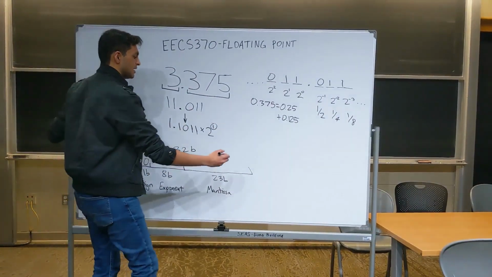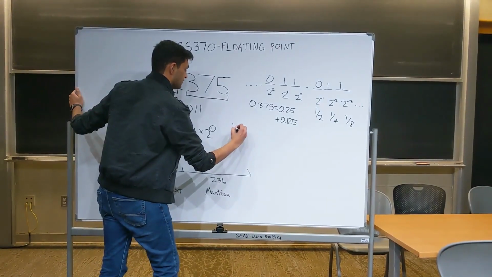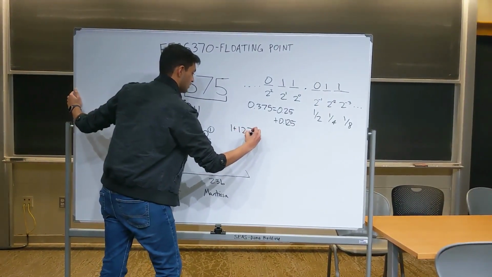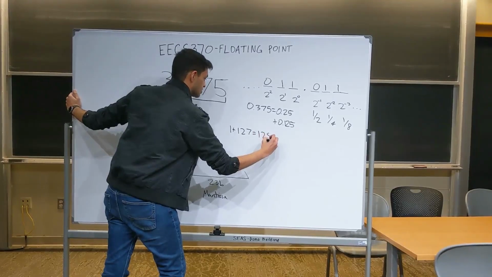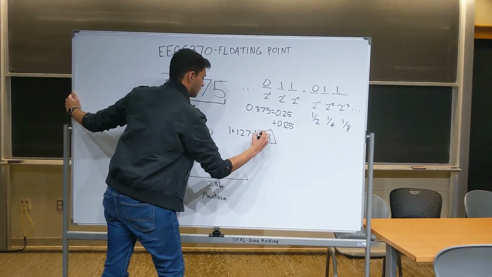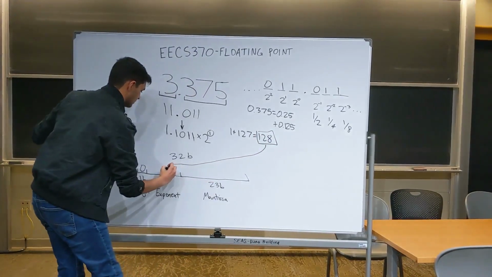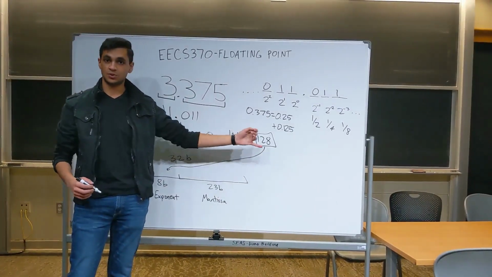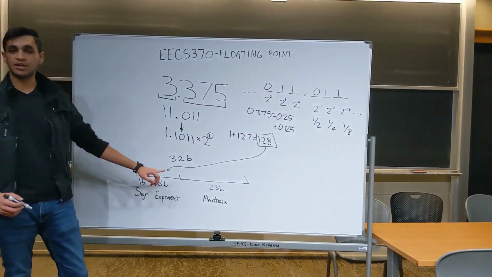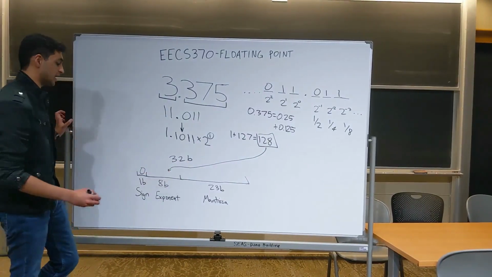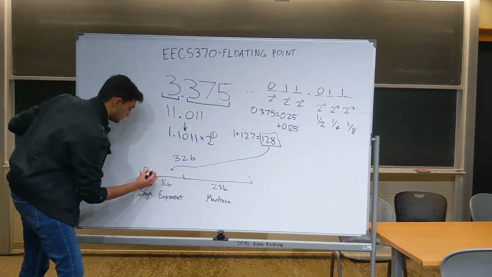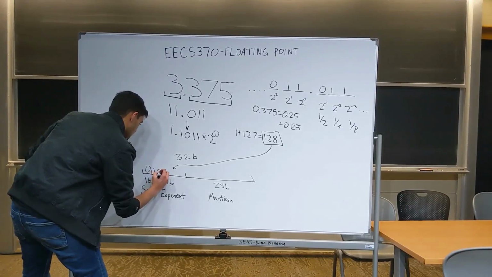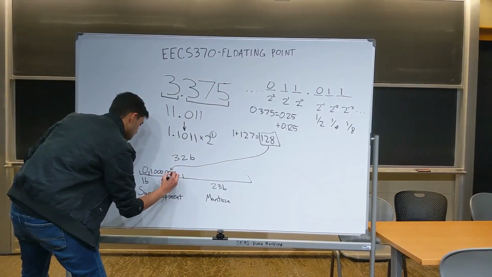What that means is we take the exponent value, we add the value 127, and we take the resulting value here and put that into the 8 bits here. So in this case, 1 plus 127 is 128. So these 8 bits are going to be whatever 128 is in 8 bits of binary, which happens to be 1, followed by 7 zeros.